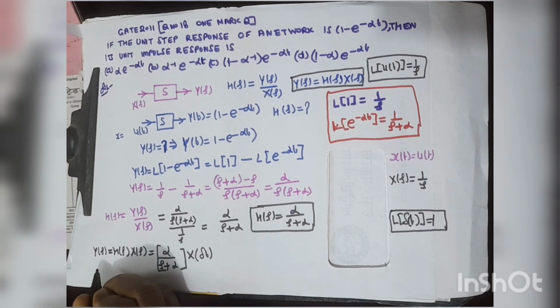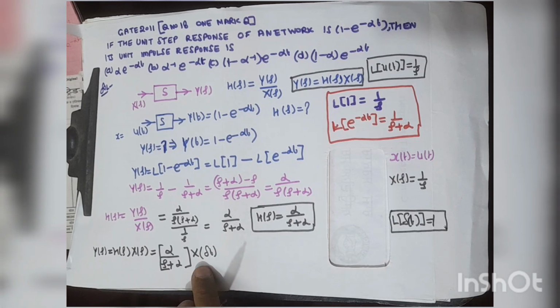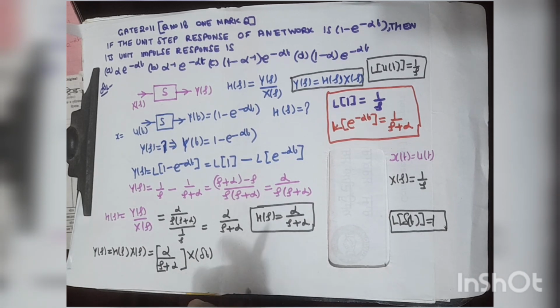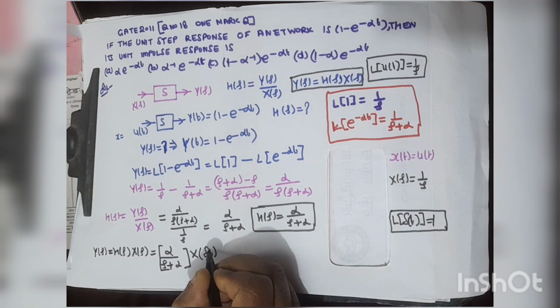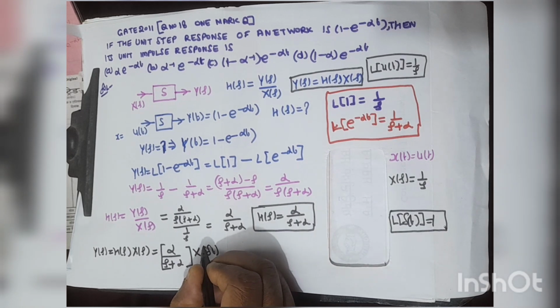So the output for the unit impulse signal will be the transfer function of the system multiplied by the Laplace transform of the unit impulse function, which is 1.